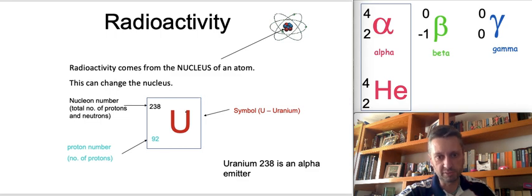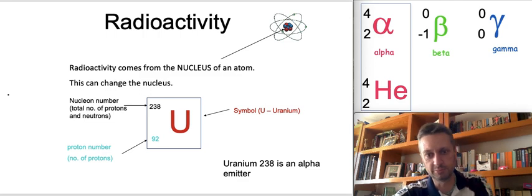The first bit of information here is the symbol of the element. In this case, it's U for uranium. This is uranium-238, for obvious reasons. The other two bits of information are two numbers. First number, if you're a chemist, you call it the mass number. If you're a physicist, as we are, we're going to call it the nucleon number. It doesn't matter which term you use, they're both correct.